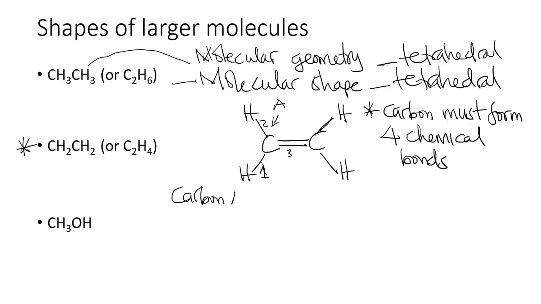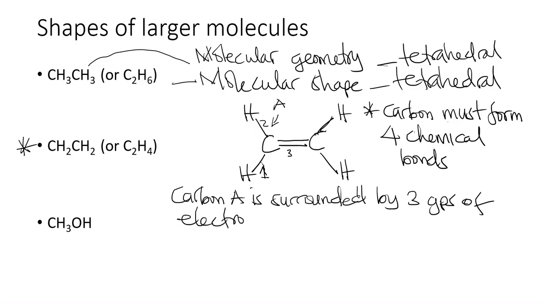So carbon A is surrounded by 3 groups of electrons.